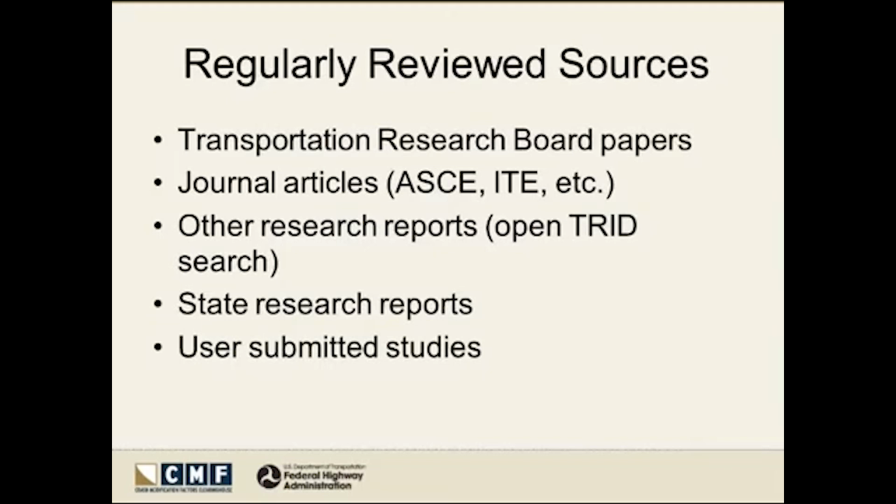Once a year, we do an open TRID search, the Transportation Research Information Database, if I got that acronym correct, to see basically what else did we miss that we didn't find from either TRB or the professional journals. And so it's more of an open internet search for other research that may fit our criteria and have CMFs that we would want to include.